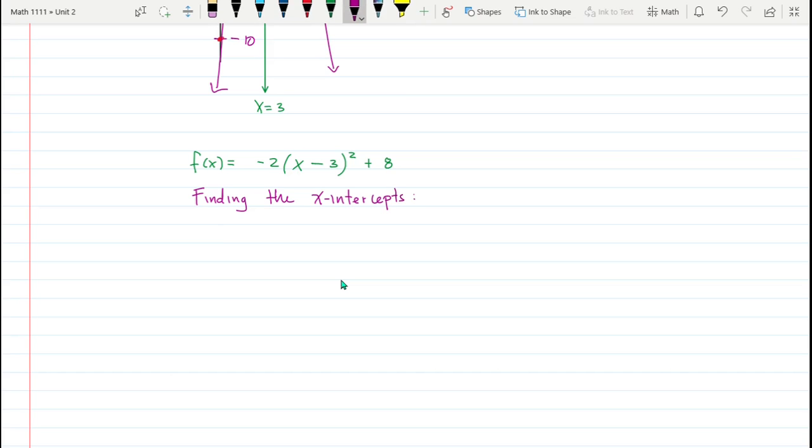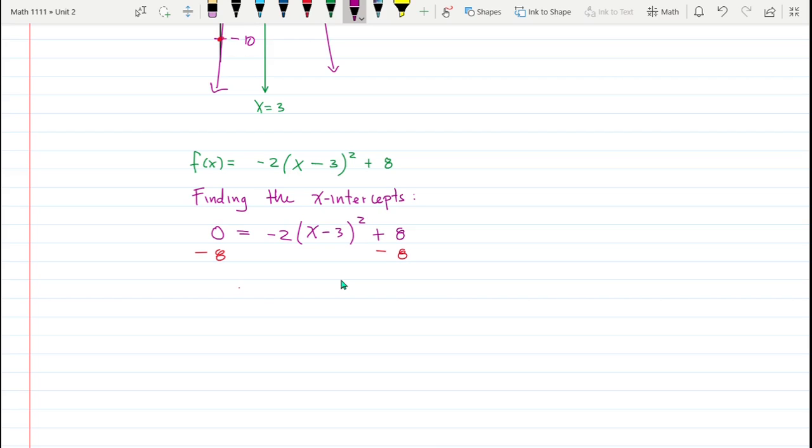We're going to set it equal to 0. We'll have 0 equals negative 2 times x minus 3 squared plus 8. So now we're just going to do the opposite of order of operations, right? So we're going to move this 8 to the other side because I want x by itself.